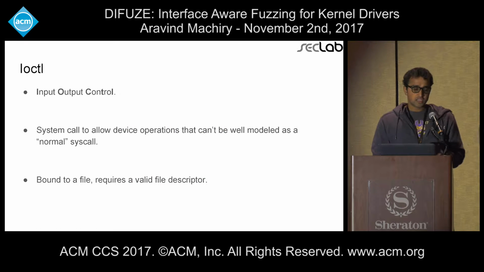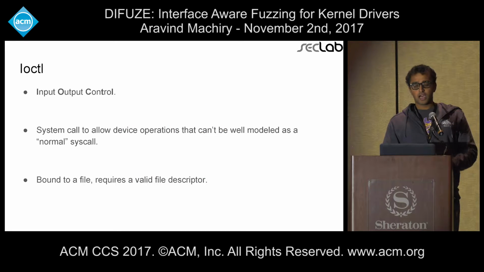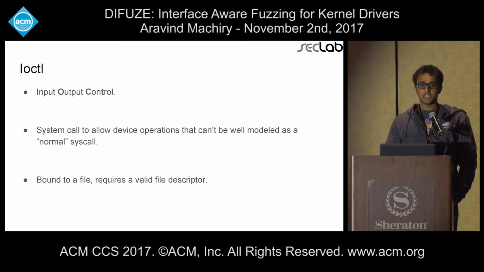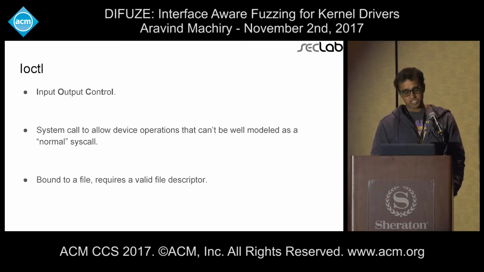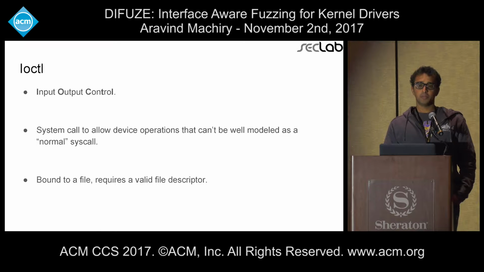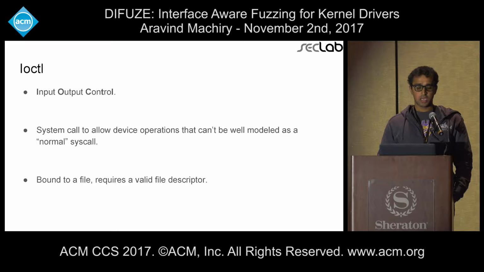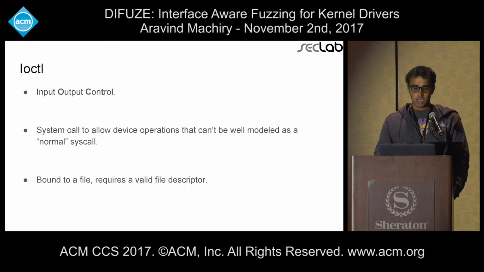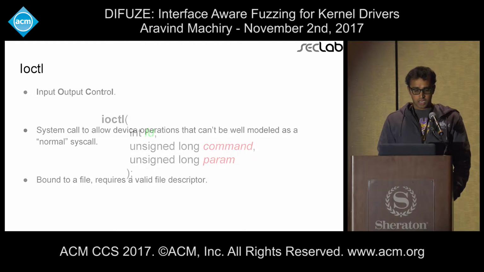Let's look at what this buggy ioctl is. Ioctl stands for input-output control. This is a system call specified by BSD, and it allows implementing operations which cannot be modeled easily using the read and write system calls. Similar to read and write, the ioctl system call is bound to a file, so it requires a valid file descriptor for the system call to succeed.